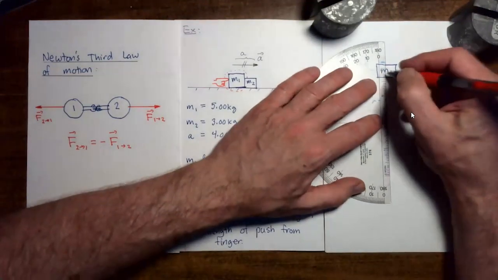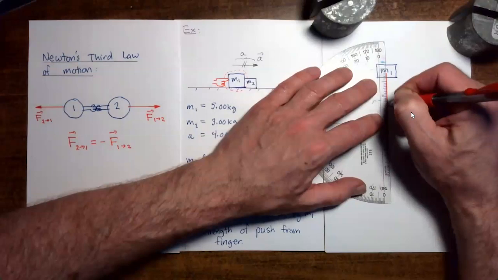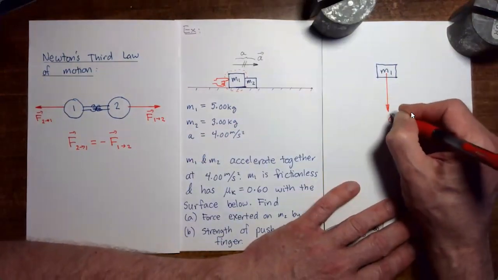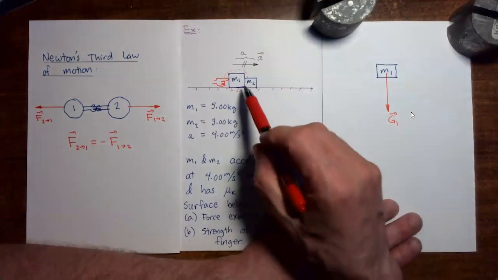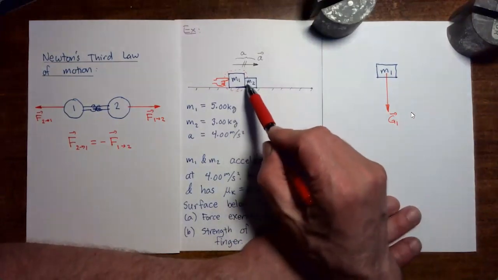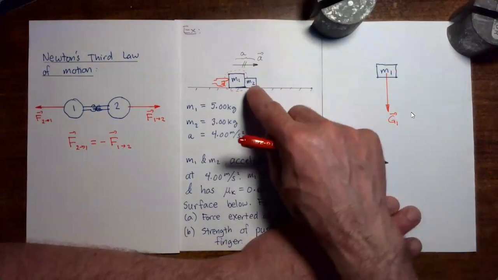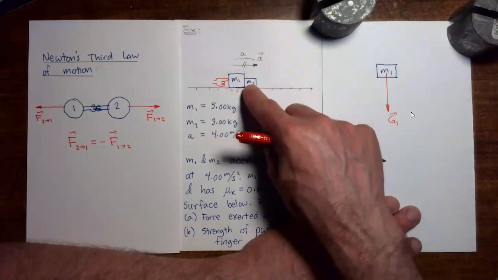Okay, so I start by drawing in the gravitational force vector acting on mass 1. I'll call that G1. Then going around the dashed line, here I can see where mass 2 is contacting mass 1. So mass 2 would be exerting a force on mass 1 going back to the left.